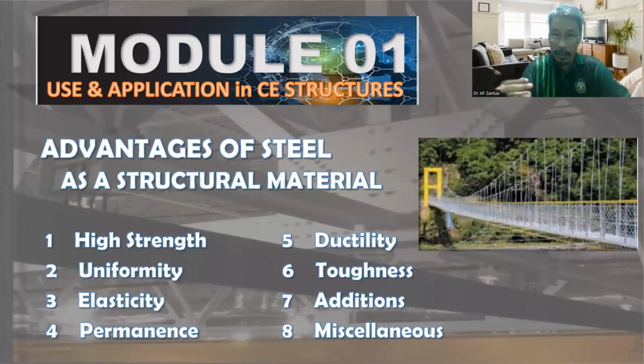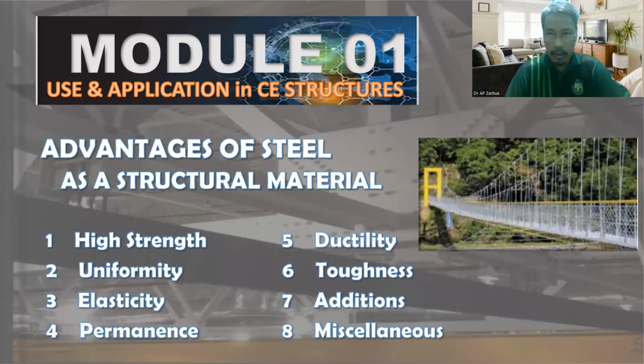Positive and negative load meaning it would give a compression load, then tension load, compression load, tension load, and so on. That is a positive negative type of load, or positive moment, negative moment, positive moment, negative. So it is a good material in terms of toughness.